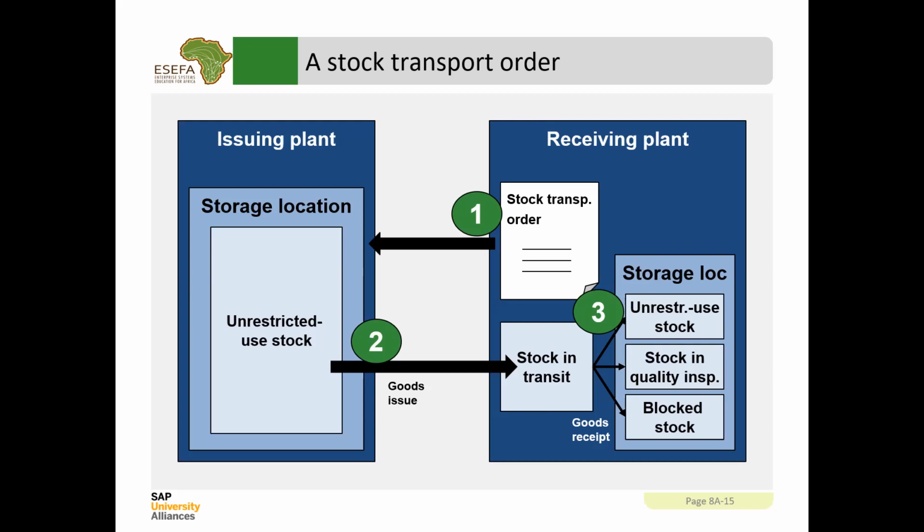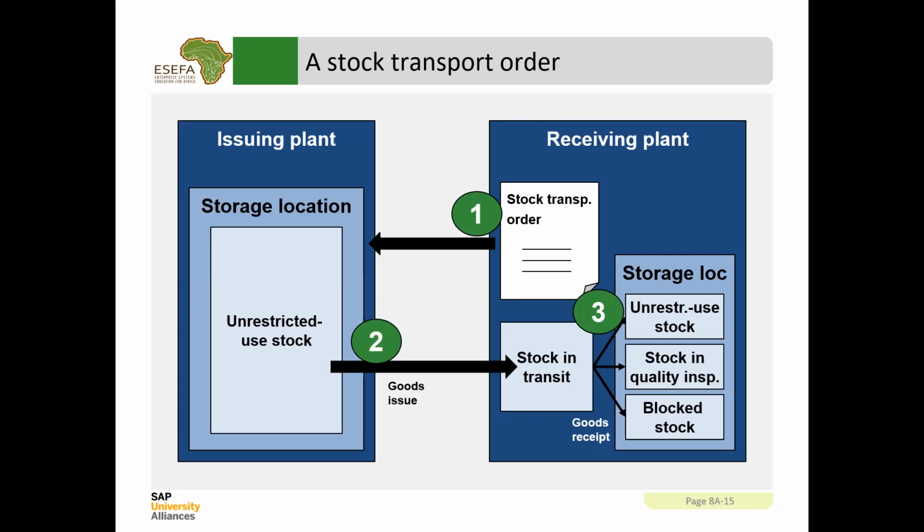Usually, they don't add value, in quotes, to the production. In short, these are products that you can either scrap. Or it becomes a blocked stock. A blocked stock can be a stock that is damaged that you can't use, in the process of being broken, it becomes a blocked stock. So these are the three possibilities that can happen in any receiving plant.